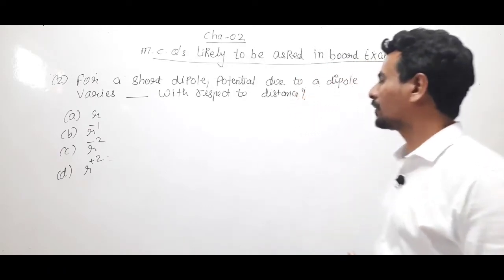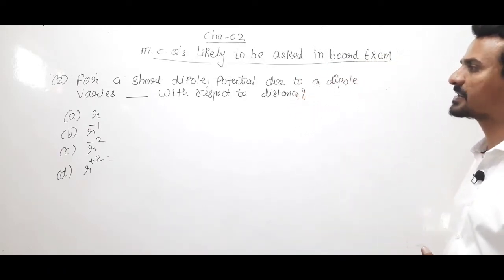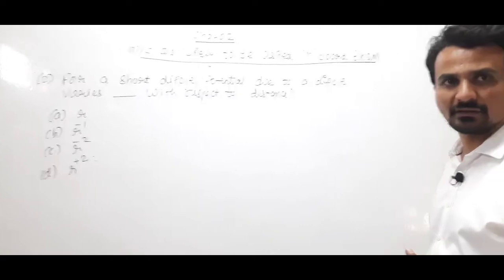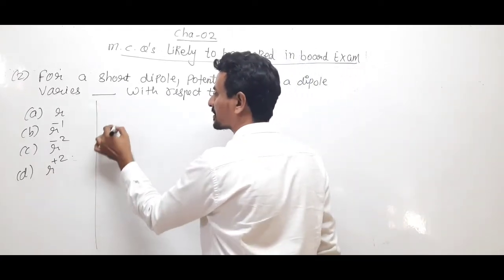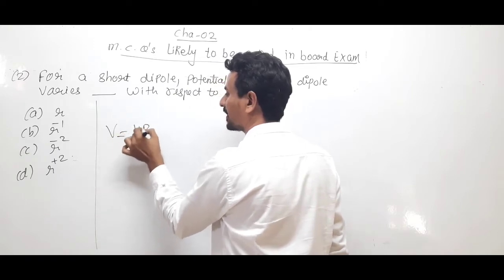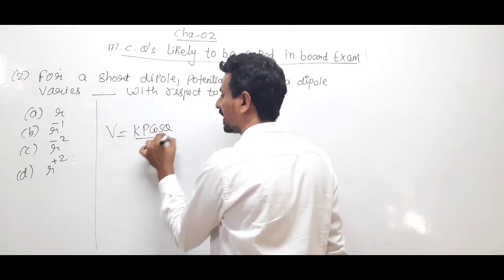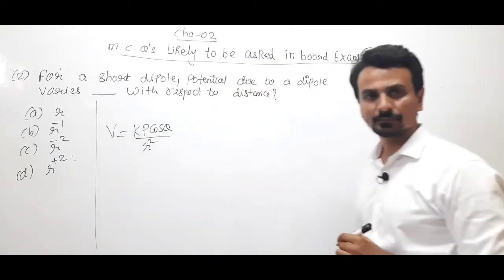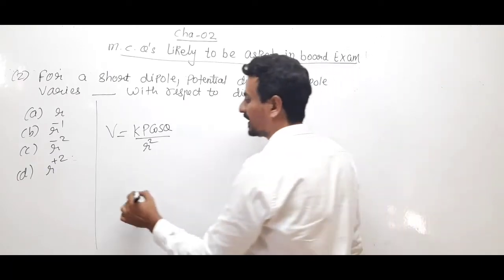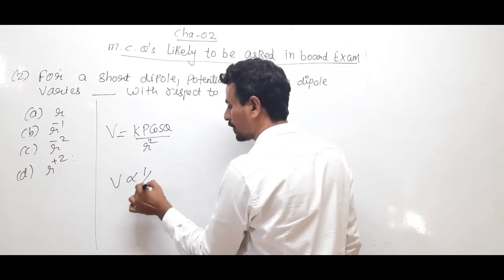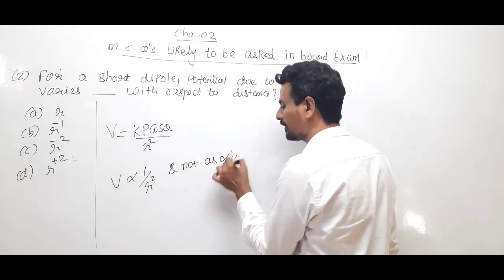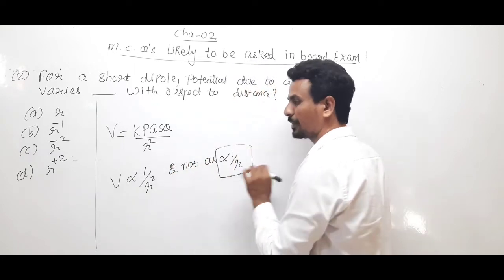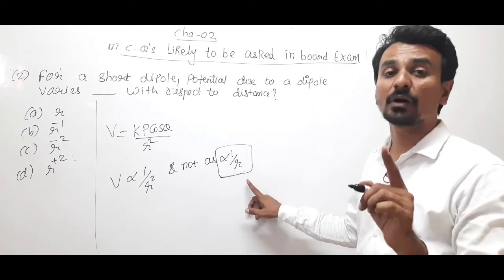For a short dipole, potential due to dipole varies dash with respect to distance. Okay, so electric potential because of dipole is given by the formula kp cos theta by r square, right? So V is inversely proportional to r square and not as 1 by r, because potential is inversely proportional to r, but it is only for a point charge.